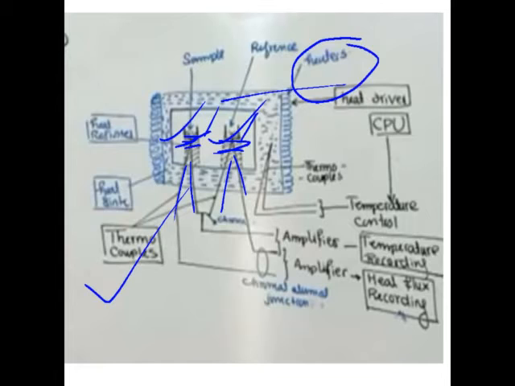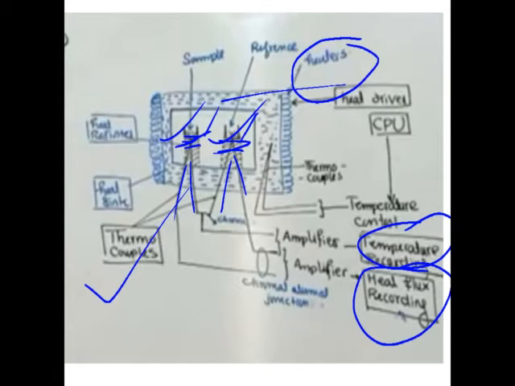If any weak signal is there, the function of the amplifier is to amplify this weak signal. The next part is the recorder. It is a temperature recorder, that is, heat flux recording. For results we require this kind of recorder.